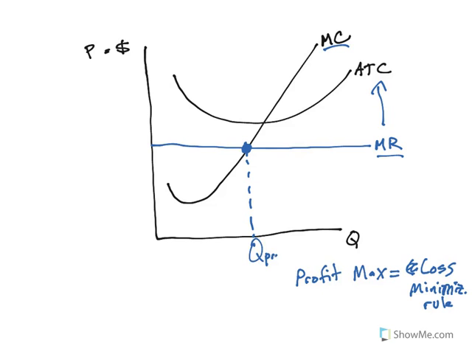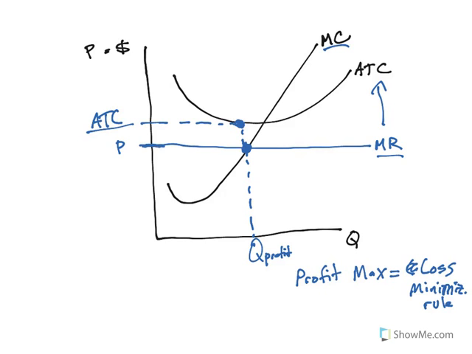So again, we find the profit maximizing quantity, then we go up to the average total cost curve. This tells us what the cost per unit is for that quantity. That's our price.